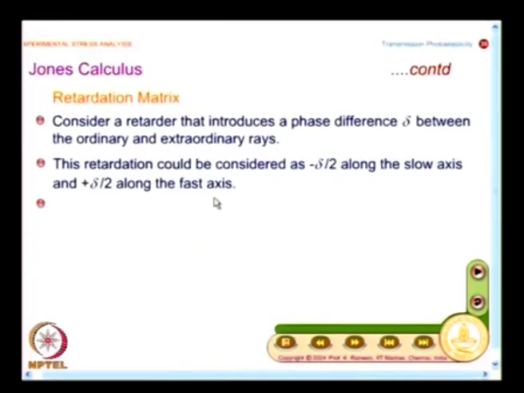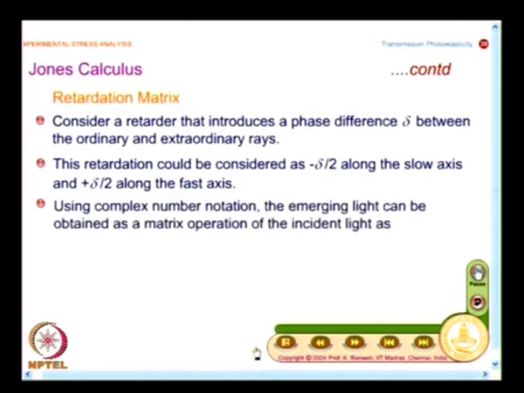That is the idea behind it, and we would like to have the slow axis oriented at angle theta. And we will use complex number notation and we will represent the emerging light. This makes our life a lot simpler, and that is what we will do.